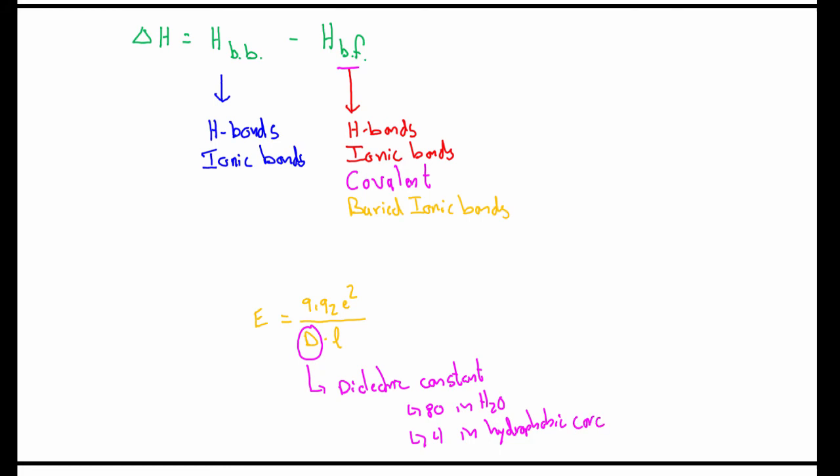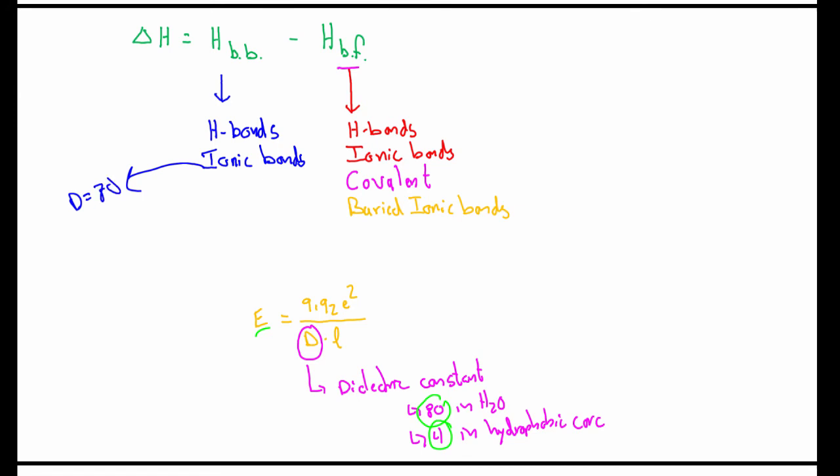All right, and the big thing here is the difference in magnitude, 80 and 4. That's a 20 times difference. And you'll notice that this is in the denominator, so the smaller that number becomes, the greater the energy of attraction between the two ions. Okay, well, these ionic bonds up here, they're all surrounded by water, so the D of these is going to be 80.